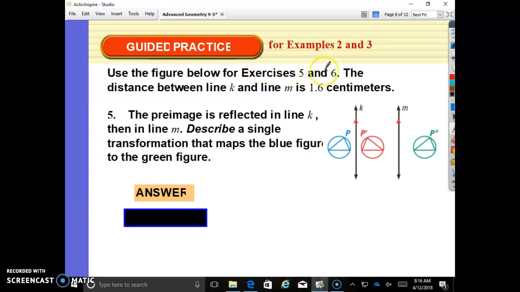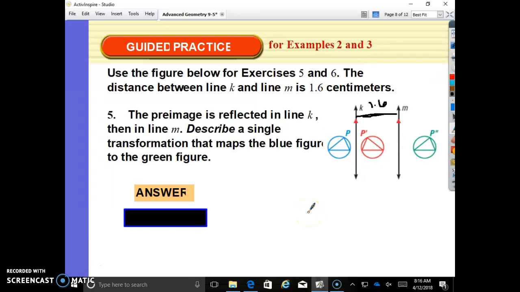Use the figure below for exercises 5 and 6. The distance between line K and line M is 1.6. The preimage is reflected in line K, then in line M. Describe a single transformation that maps the blue figure to the green figure. How can I go from blue to green in one move?